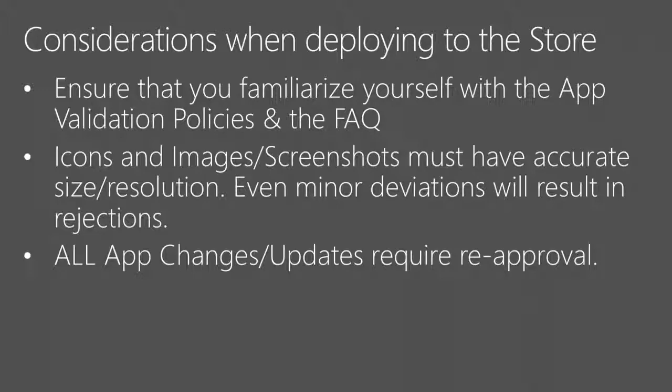So we do a lot of additional validation on those. We look for things like your JavaScript trying to do things it shouldn't do. But for the most part, if you use a provider hosted model, you have a lot more flexibility and you're not going to have to redeploy to the store as often. And that's really the same for the corporate catalog scenario as well. You don't want to have to upload a new manifest every time. If all you changed is what was in the provider, you can just redeploy that.